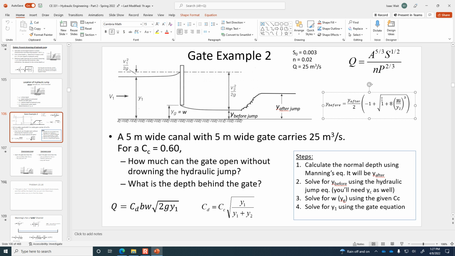Okay, so I'll pause for now. I wanted to give you that: 1.78 is the normal depth, and 1.366 meters is the critical depth. So if you haven't yet solved the normal depth or critical depth on your own, you can just use these values and move on. So now calculate y before using the Belanger momentum equation.